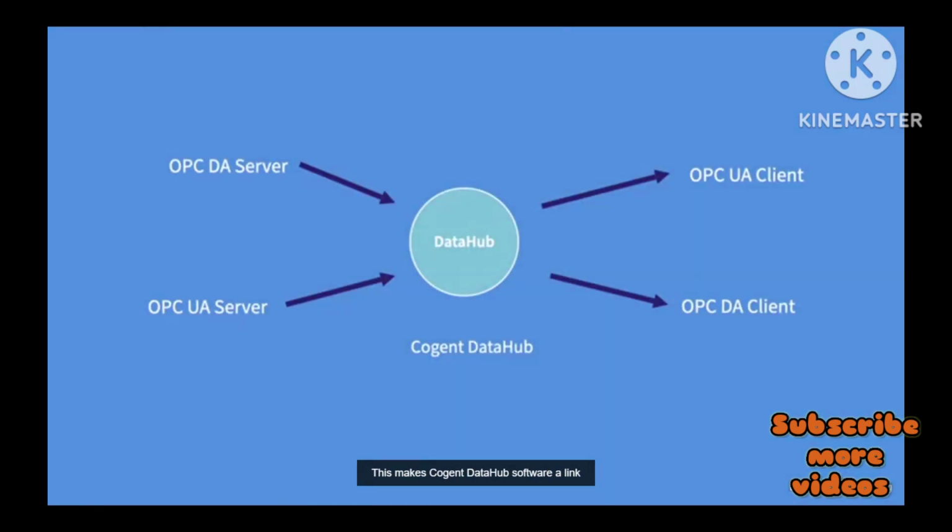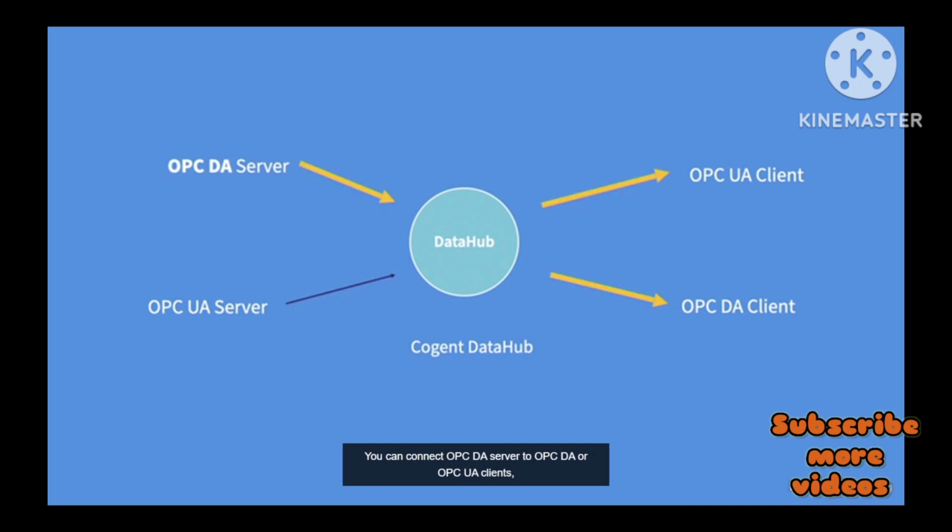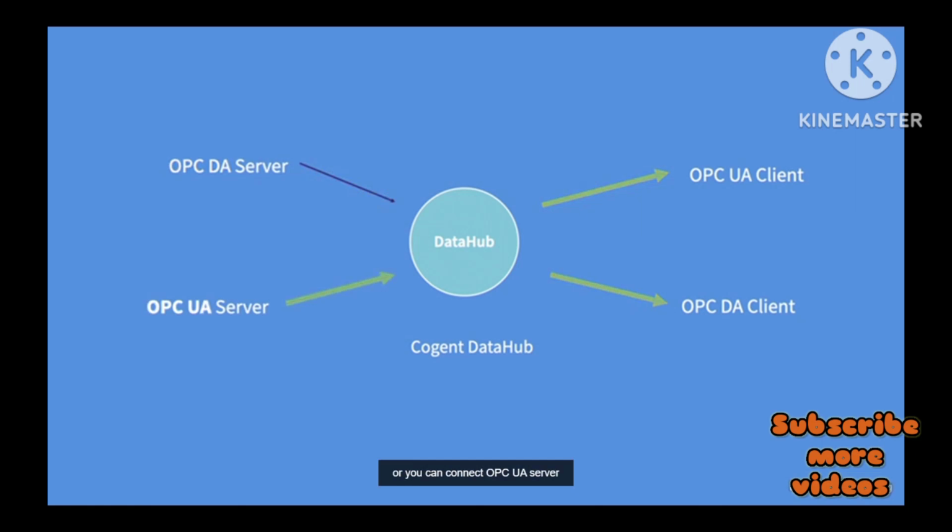This makes Cogent Data Hub software a link to facilitate the connection between OPC UA and OPC DA. You can connect OPC DA server to OPC DA or OPC UA clients, or you can connect OPC UA server to OPC DA or OPC UA clients.